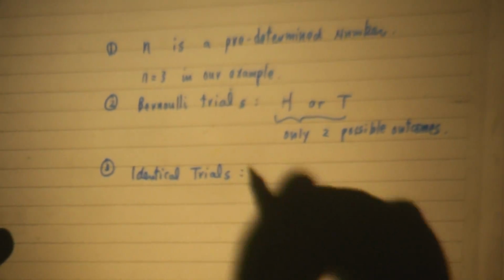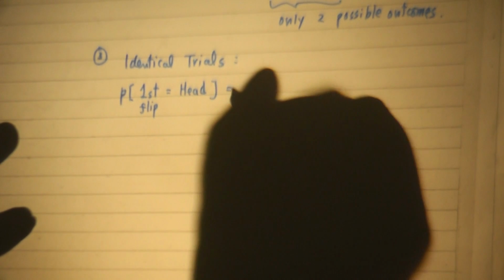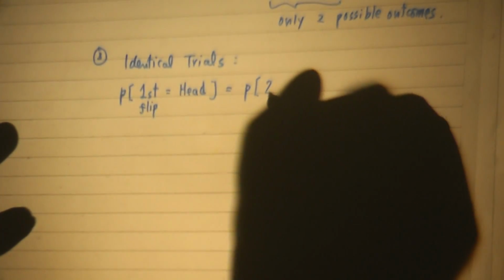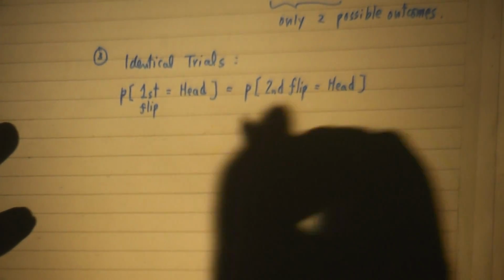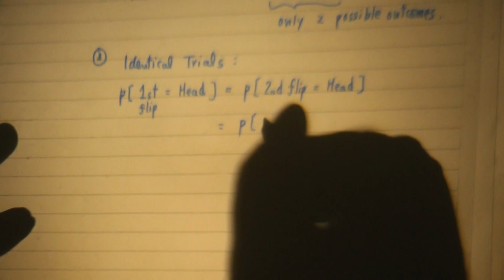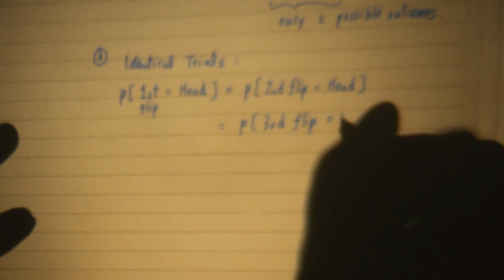When we say identical trials, what does that mean? That means the probability that on the first flip we see a head equals the probability that on the second flip we see a head, equals the probability that on the third flip we see a head.